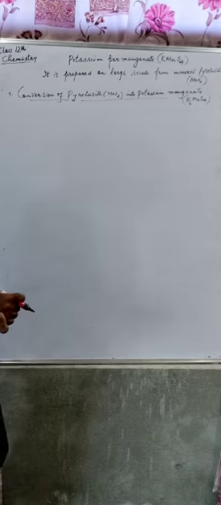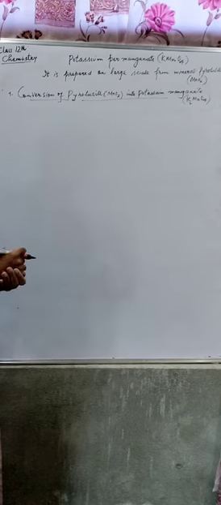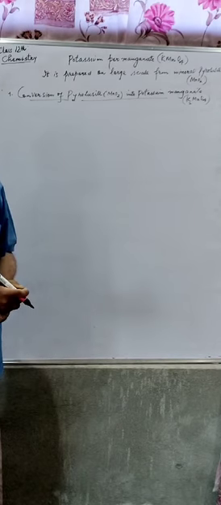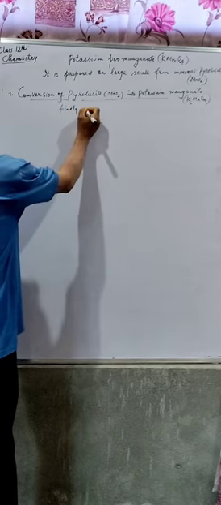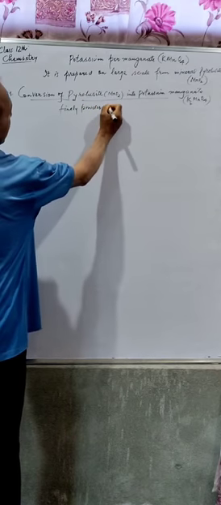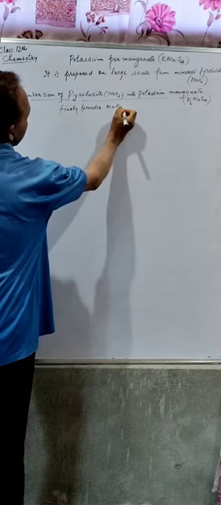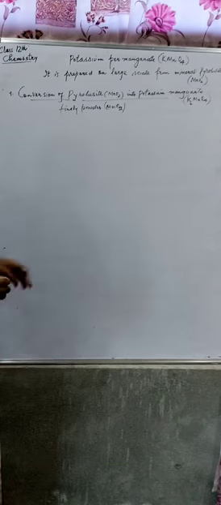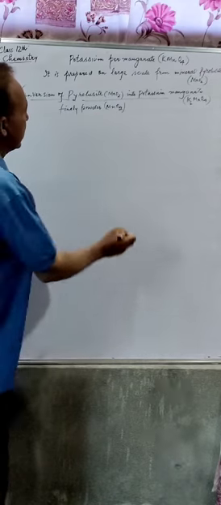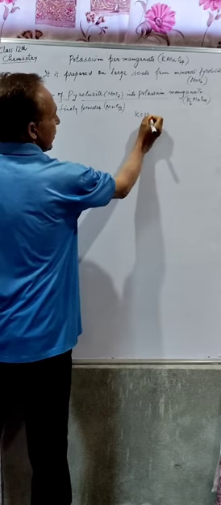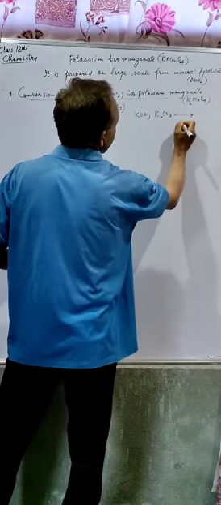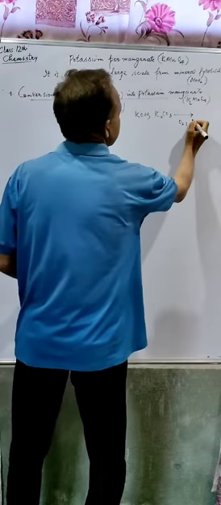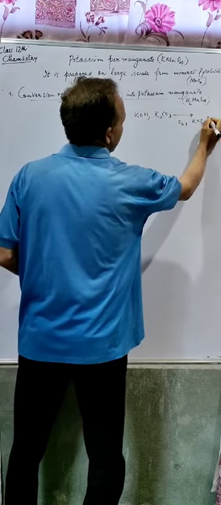And how is it done? We take the finely powdered pyrolusite, and it is fused with either KOH or K2CO3 in presence of oxygen or in presence of a catalyst like KNO3 or KClO3.